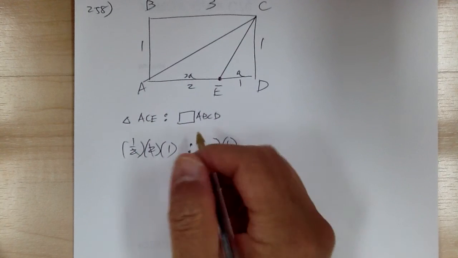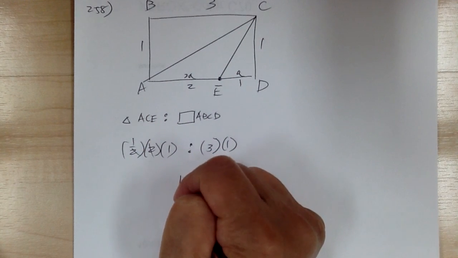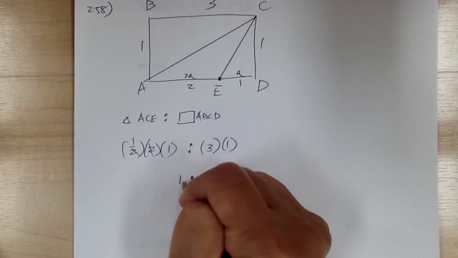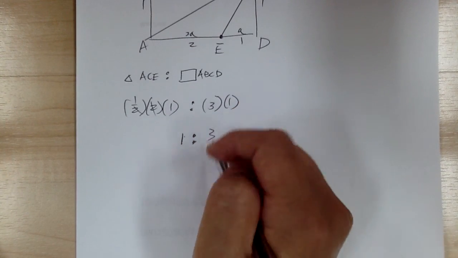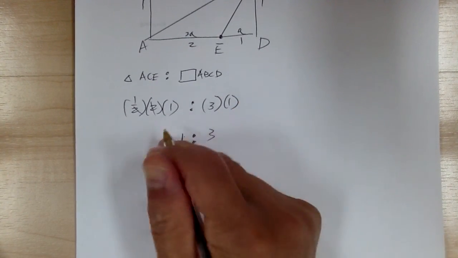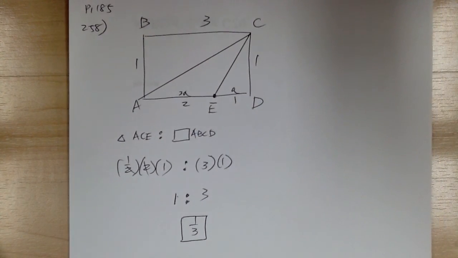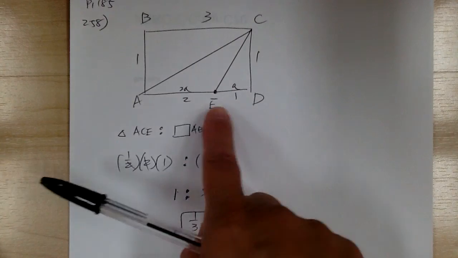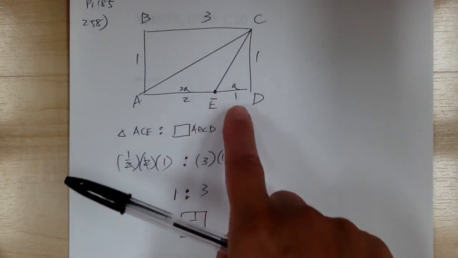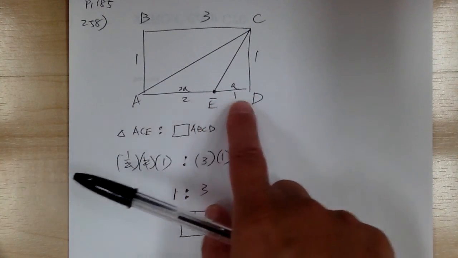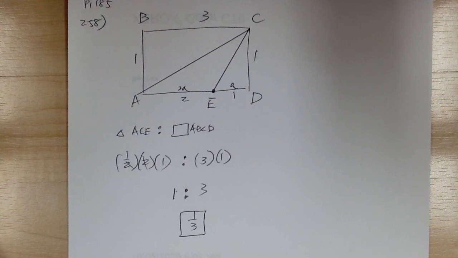And so this cancels out, so you're going to get 1 to 3. And if you write it in fractional form, it would be 1/3. Okay, 1 to 3 or 1/3. So again, when you deal with ratio, you can assign any number as long as you keep the ratios correct. And that's it.